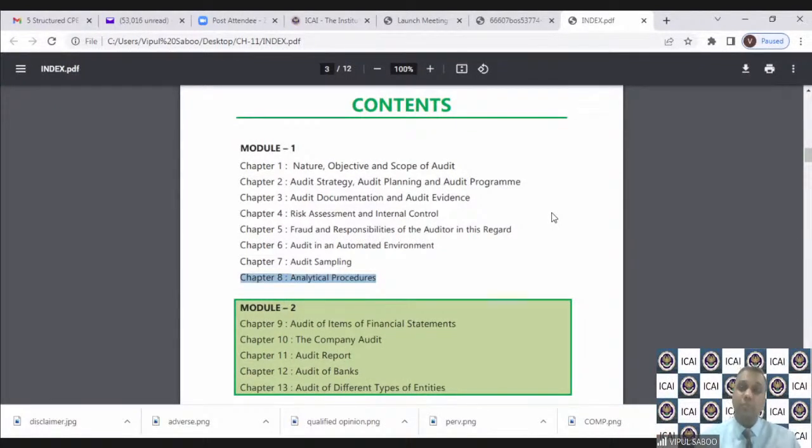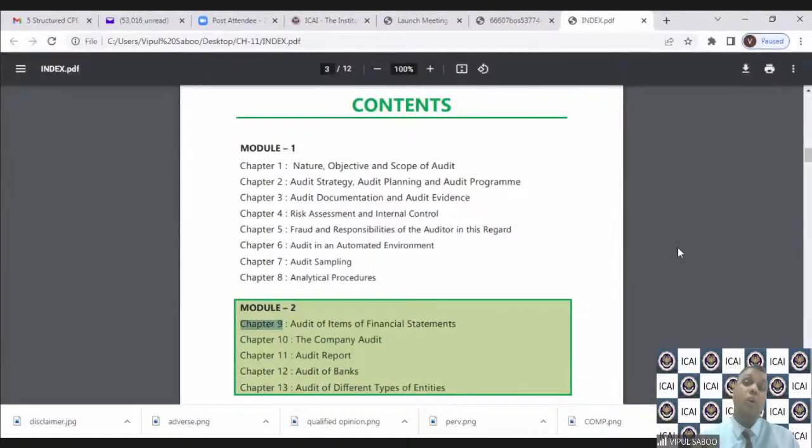Then we come to module 2, we start auditing. We start using the knowledge we gained in all those 8 chapters, the basics, the techniques, the risk assessment procedures, about internal controls and automated environment. We start applying that particular knowledge, the general as well as the particular knowledge, to various kinds of audits. So with module 2, we started chapter 9, audit of items of financial statements, the most common audit.